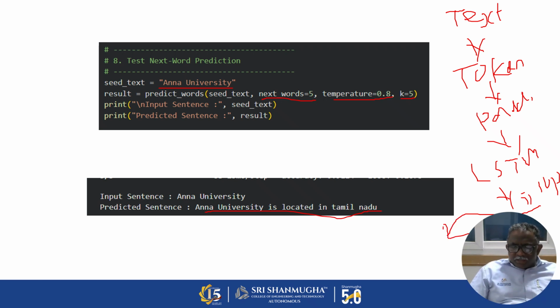So once it is done, because all the words are indexed, we have to convert index to word now. Then we have to append the next word, and finally we will be able to see the final output. So this is the workflow we see in LSTM.